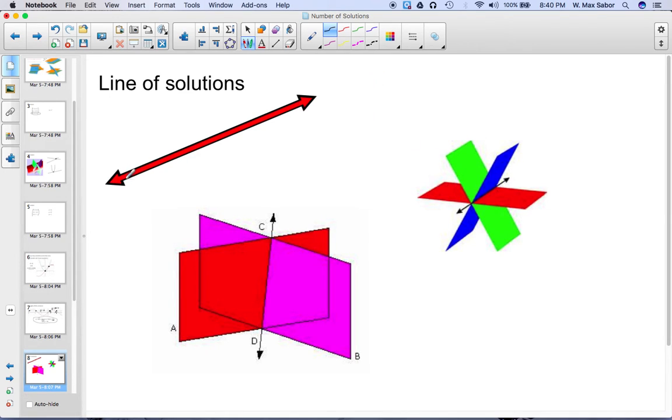So here this black line and the red line are in the exact same place, so that's infinitely many solutions. Here, these three planes all meet in the same line. And it's also possible to just have two planes meet in one line. Typically, actually, two planes will always meet in a line unless they're parallel planes.